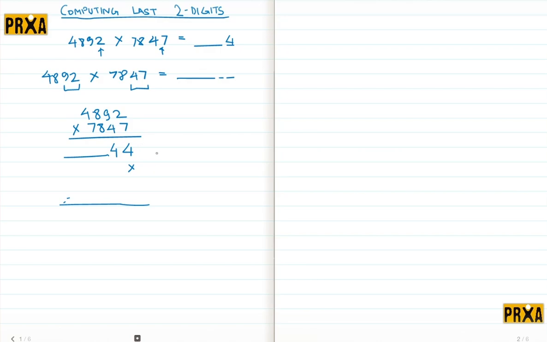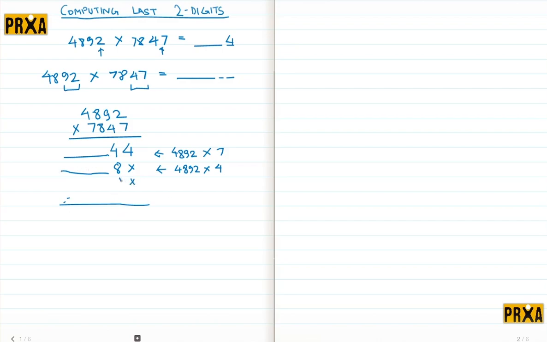So in this row I have multiplied 4892 by 7. Okay, in this row now I'm going to multiply 4892 by 4 and I get 4 times 2 is 8, and anything to the left of this computation will not have an impact on my last two digits of the answer.